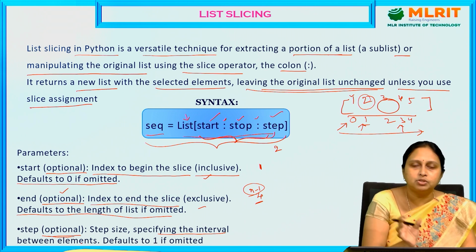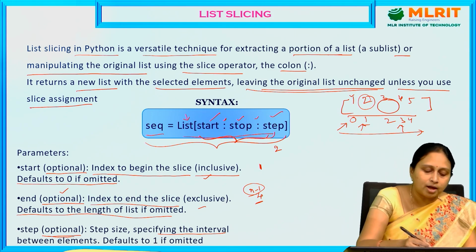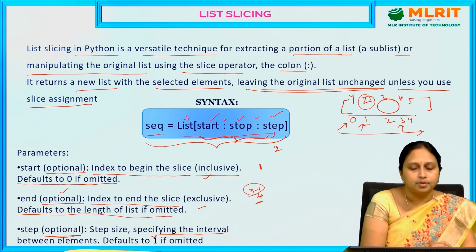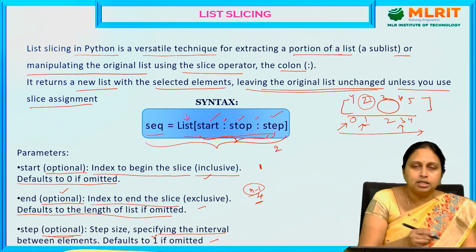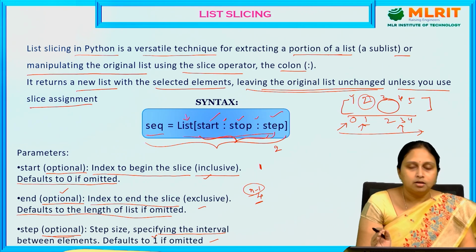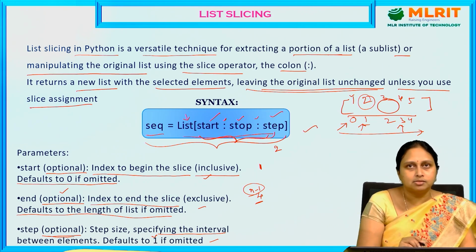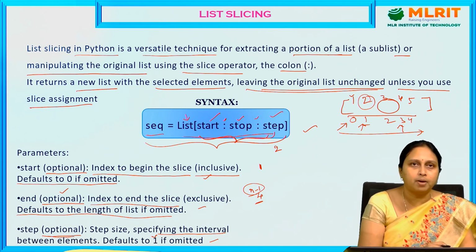The default value here is 1. If you are not specifying anything, by default, it will take 1 as the interval and keep on moving by that step.